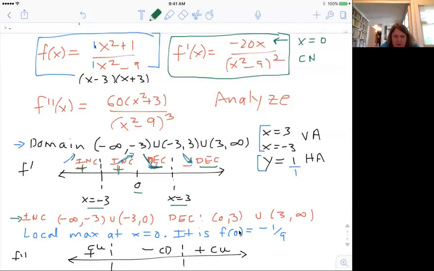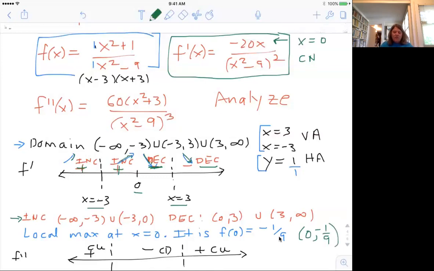If you want to find out what it is, you go back to the original function. That's how you found a point. You plug in 0 here. 0 squared plus 1 is 1. 0 squared minus 9 is minus 9. I get minus 1/9. So when I graph this thing, I'll have the point (0, minus 1/9) to put on the graph.